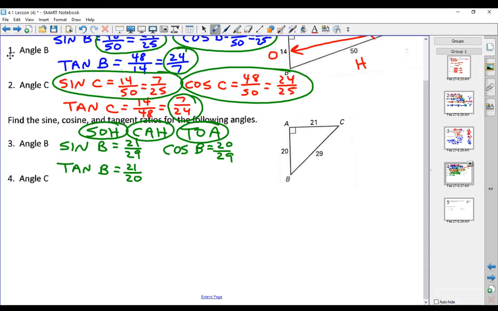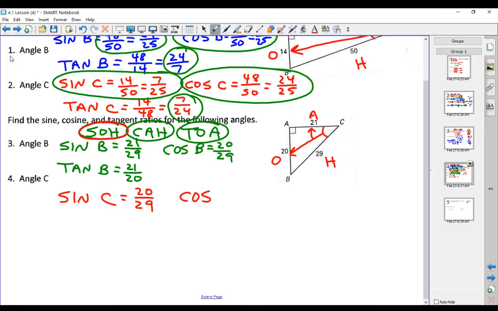Now for angle C, remember that the hypotenuse always stays the same, so that's still going to be the hypotenuse. This time we're looking at this side of the triangle, so that's going to be my opposite side. And this is beside the angle, so that's going to be the adjacent side. All right, so the sine of angle C, sine is opposite over hypotenuse, so that's going to give me 20 over 29, and that will not reduce.